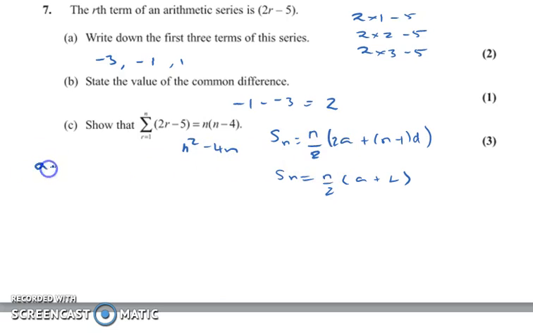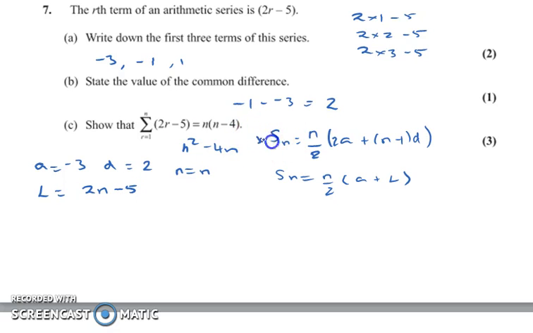So we know that a is minus 3, we know that d equals 2, and we know that n is n. We can find the last term by just sticking in n. So the last term is 2n minus 5.